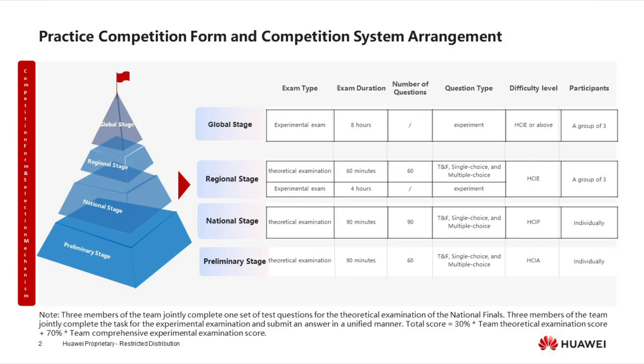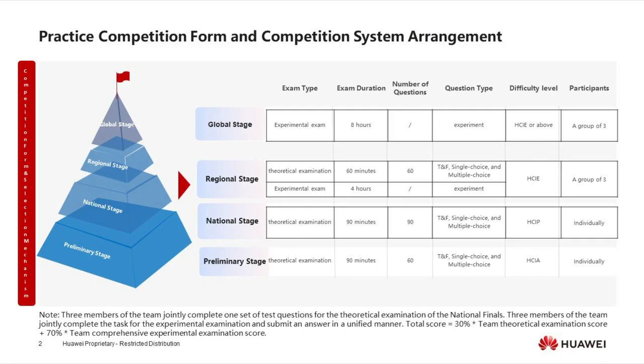In the preliminary stage and the national stage, you are going to participate as an individual. You will not do it in a group. You will be given a written examination paper online. You will be given 90 minutes for the preliminary stage to answer 60 questions.